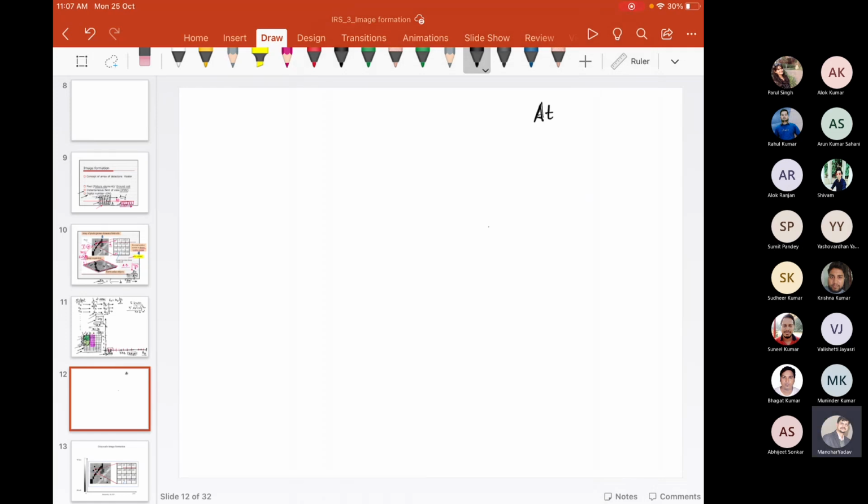We are discussing the processing at the sensor.